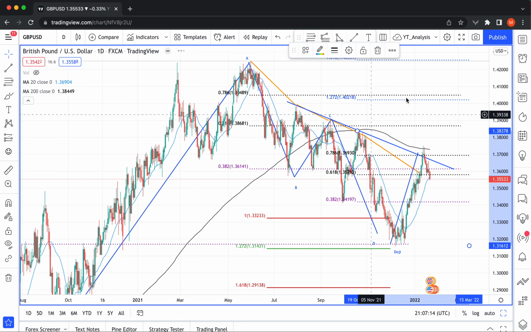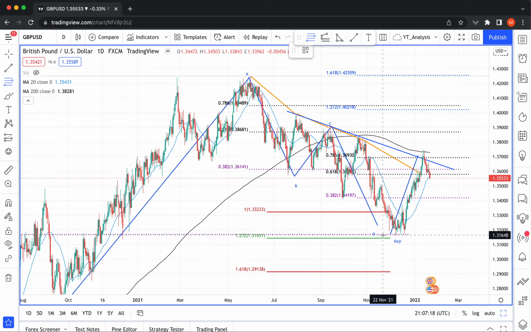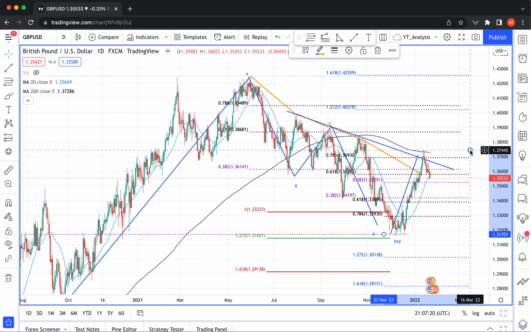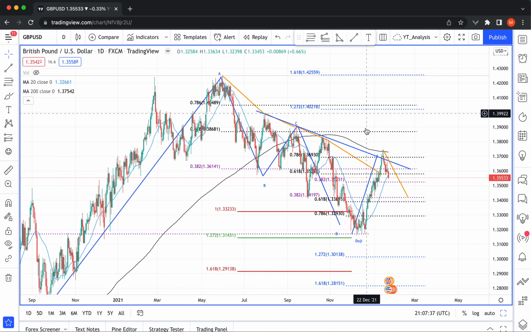So on the daily chart, we'll just draw our Fibonacci retracement levels here. So yeah, this is what we are looking at. I think there is a possibility of this thing rotating lower to 1.34 if the dollar is gonna have that ABCD move, but we need to be aware of this long-term support here.